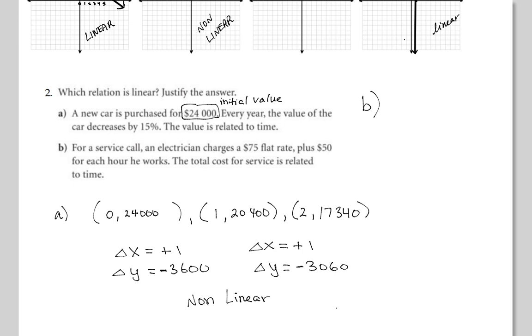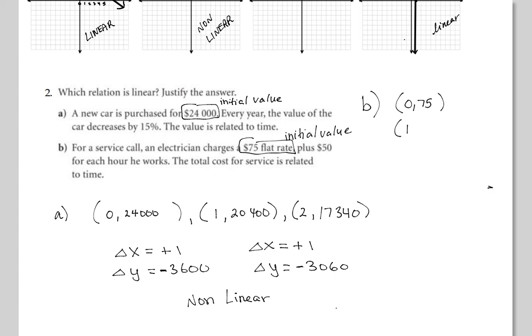And for part B, what do you guys think about part B? $75 flat rate. What would you call that? Initial value. And then it's going to be 50 bucks for every hour he works. So what happens when x is 0? Y is 75.